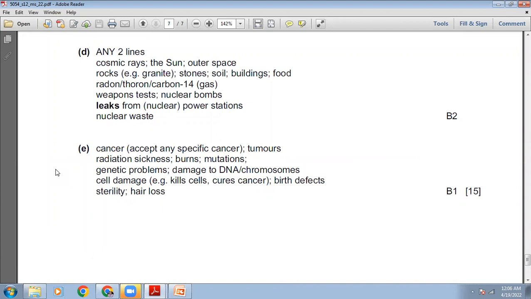It can cause cancer, tumors, radiation sickness, burns, mutation, genetic problems, damage to the DNA or the chromosomes. Cell damage, for example kills cells, cures cancer, birth defects, sterility, hair loss.